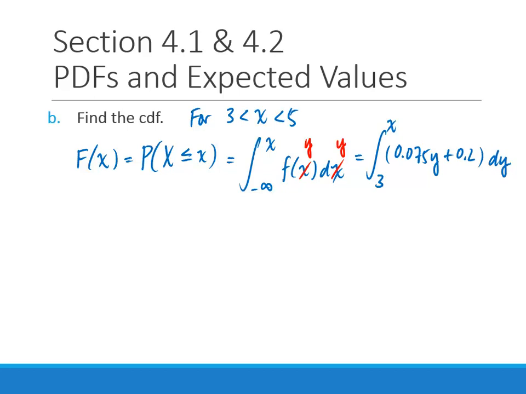Anyway, we already calculated this antiderivative. Let's write it out again. So this is just 0.075 over 2 times x y squared plus 0.2y, evaluated at 3 and x.